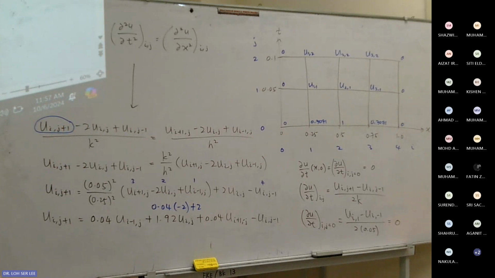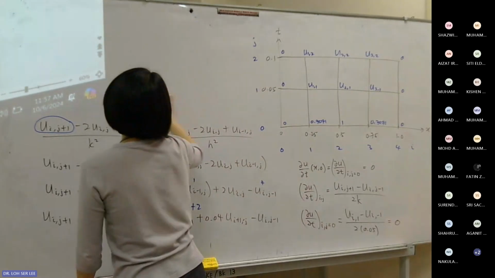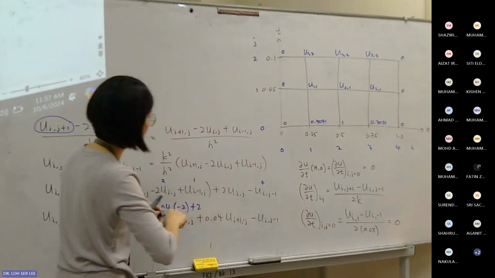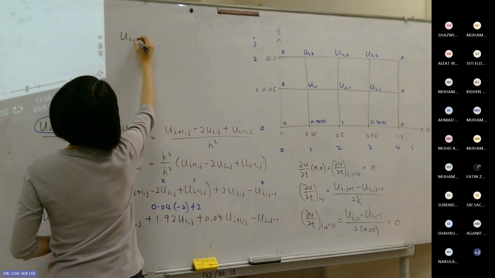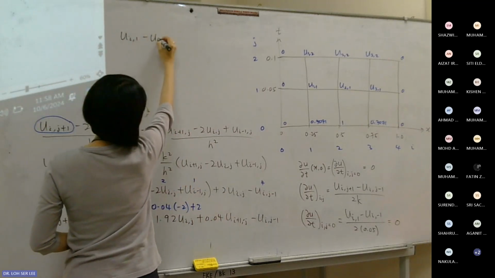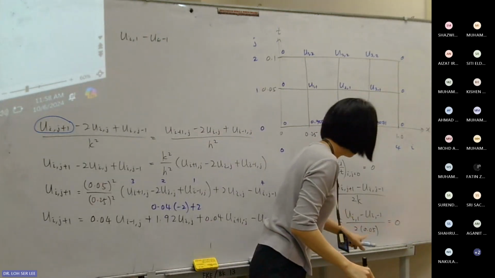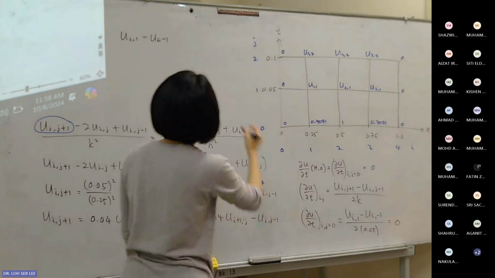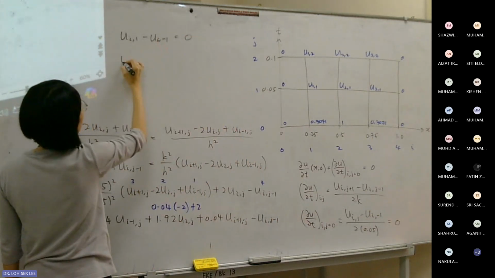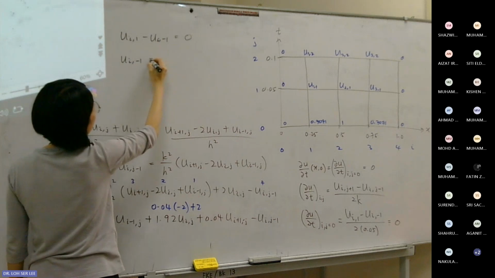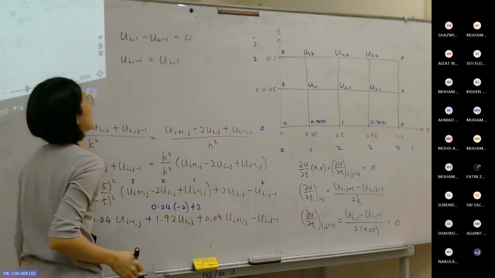So from here, get your second formula. That means here, your u i 1 minus u i negative 1 equals to 0. But we want the u i negative 1 to leave the formula. So this one goes to the right, this means equals to u i 1.